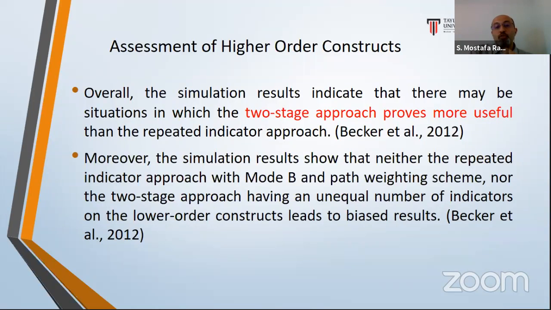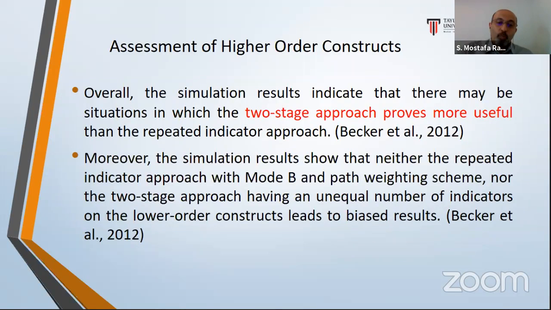Another method is the two-stage approach. Later in my example in the software, I will show you how we can perform two-stage. Under two-stage, we have two different approaches: the embedded two-stage and the disjoint two-stage.